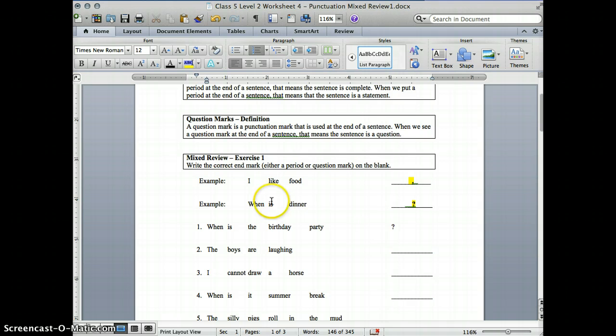And notice that you see, even in the example, you see the word when, and you even see that here in number one. And whenever you see when at the beginning of a sentence, the sentence will most probably be a question. Because when you're starting a sentence with when, the sentence is asking, when is this happening?